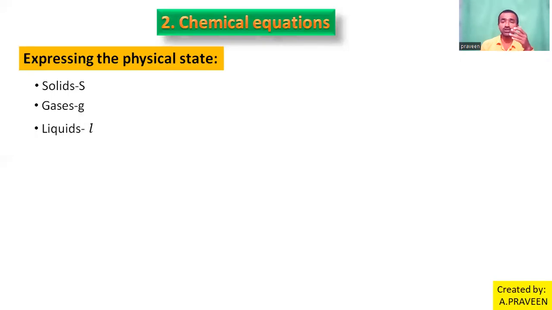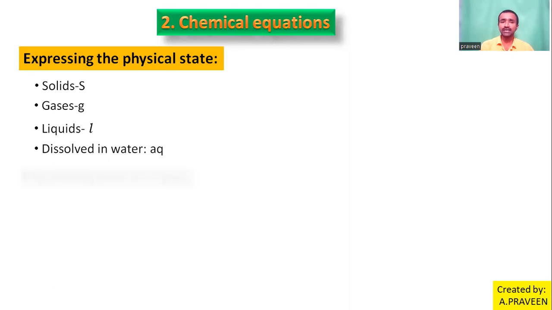Or if it is dissolved in water, any solid dissolved and made into liquid form, we can write AQ, an aqueous solution, made using water and a solid. So these are the physical state representations.